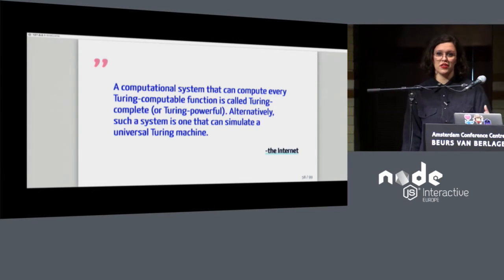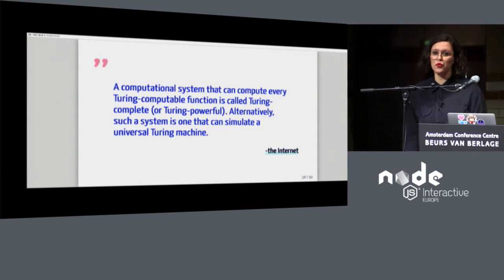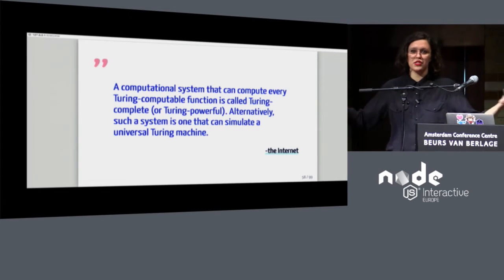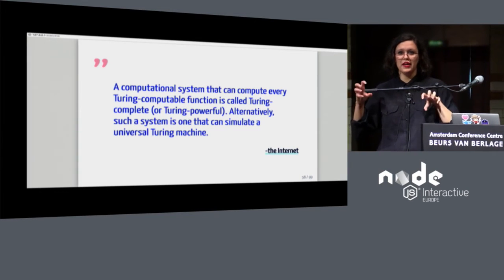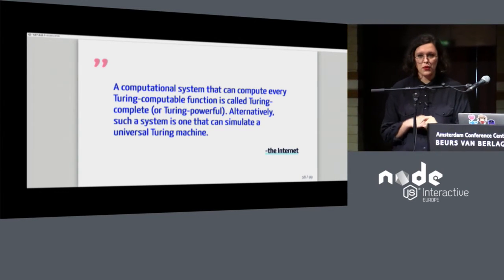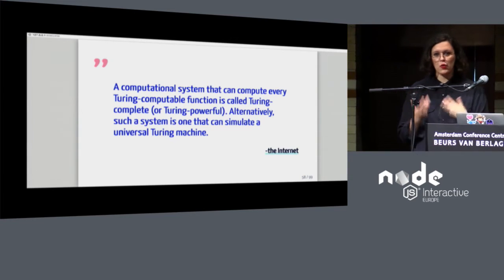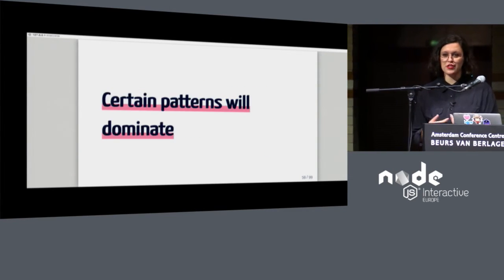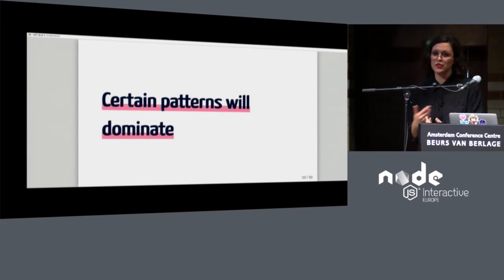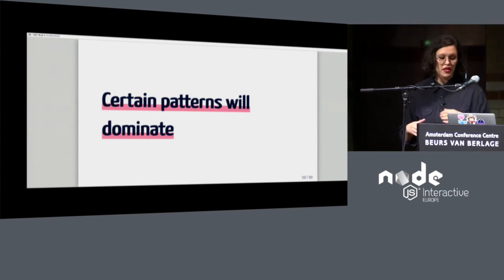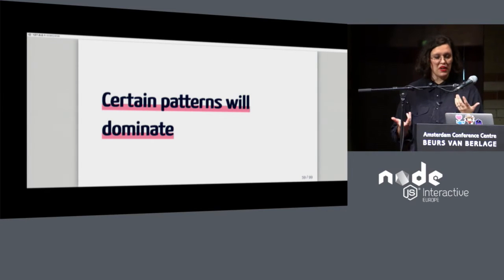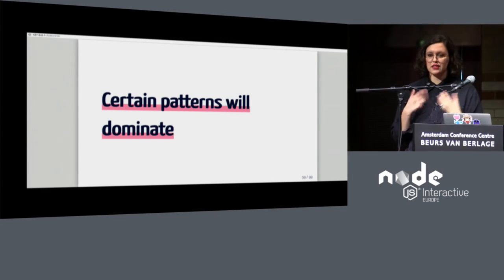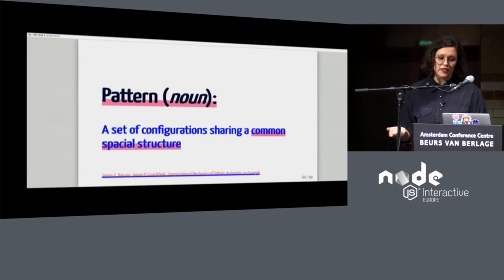And what was awesome about it is that these simple rules are, in fact, so simple, you're just dependent on your binary state neighbors, yet you come out with quite a complicated pattern. So we've noticed that certain patterns end up dominating in the particular environment, and looking at pattern as a concept itself, it's basically a set of configurations sharing a common spatial structure.